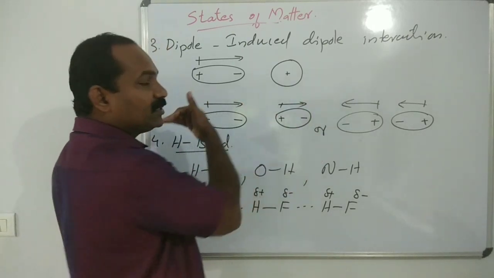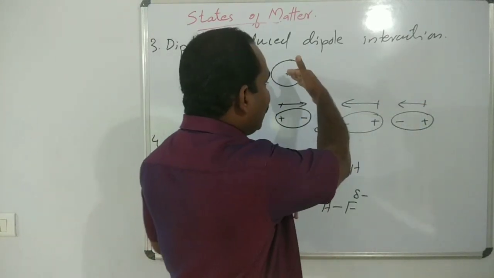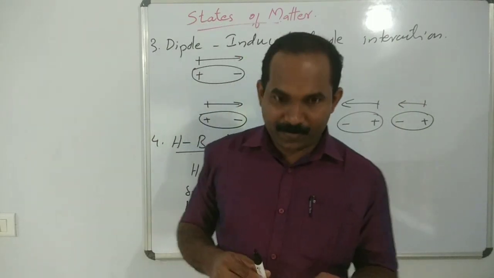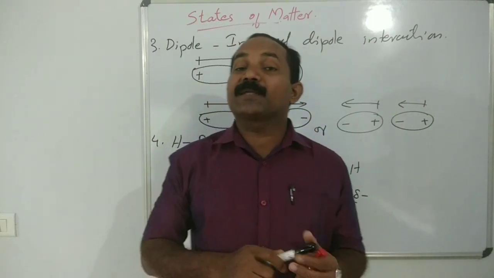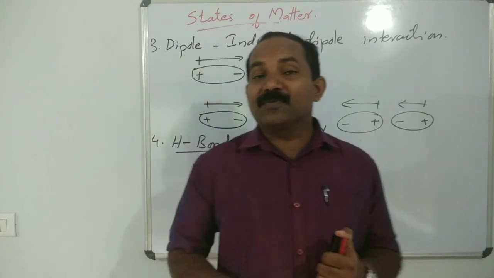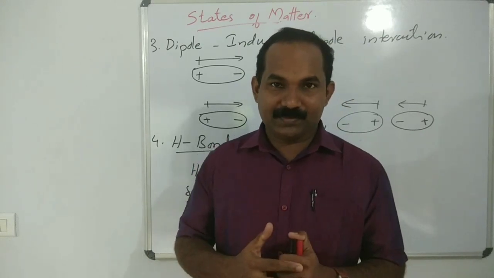When the dipole is in the left-hand side direction, the neutral atom or the non-polar molecule induces in this kind. Okay, you understand that. So the attractive force and the repulsive force are intermolecular forces.